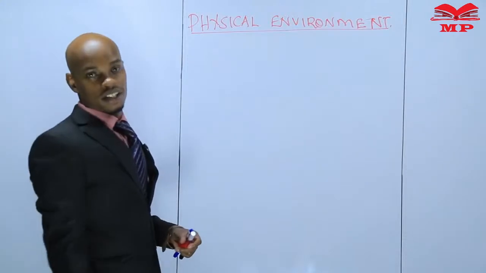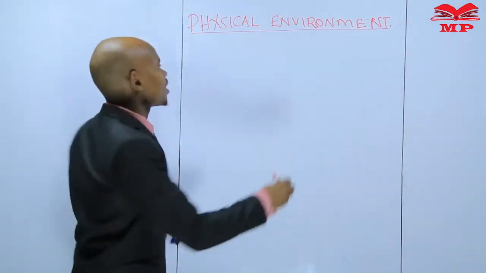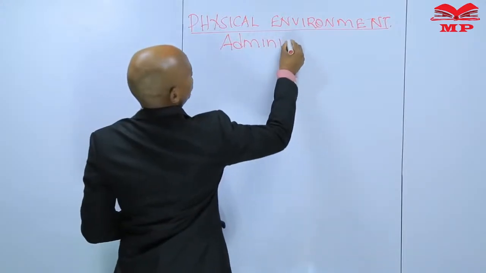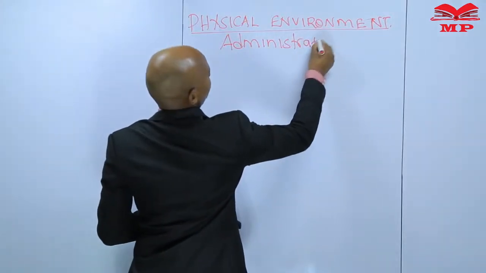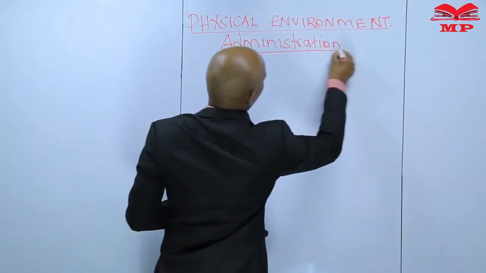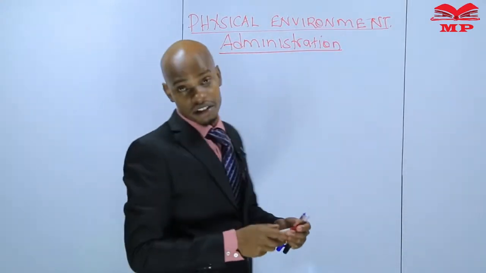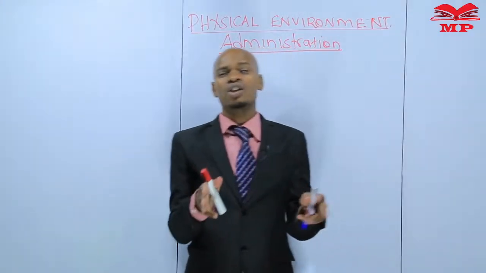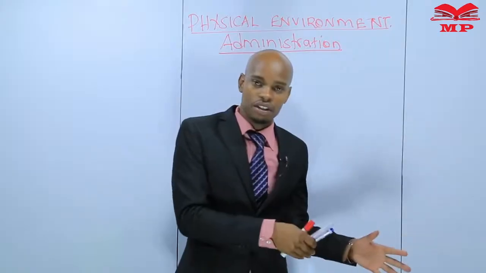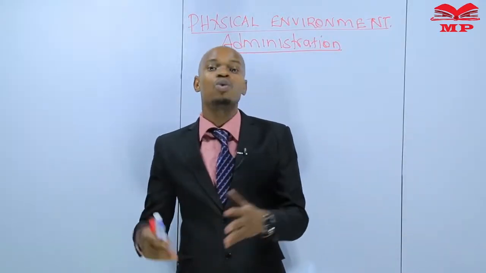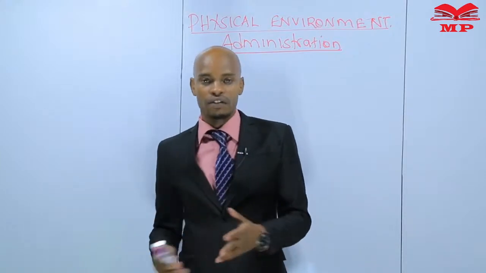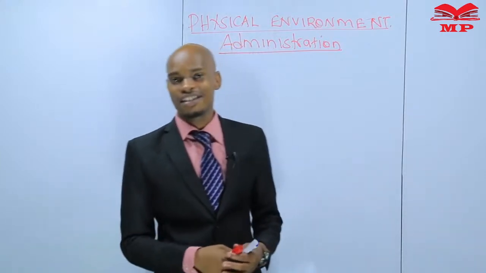And in today's session, we shall be majoring on administration. What do I mean by administration? Administration in a map means who's in charge of that area. Remember, each area has to have somebody who is in charge. And those people who are in charge of areas or certain areas of given jurisdiction, we call them administrators.